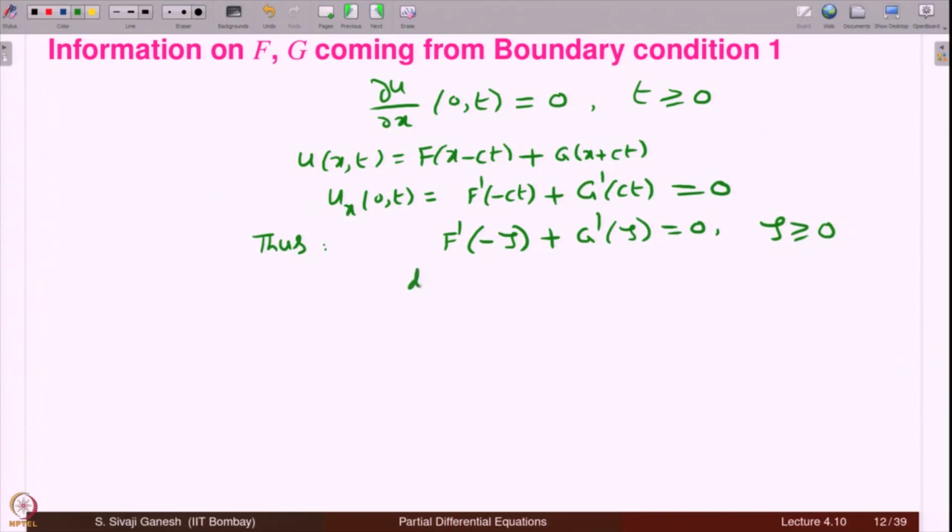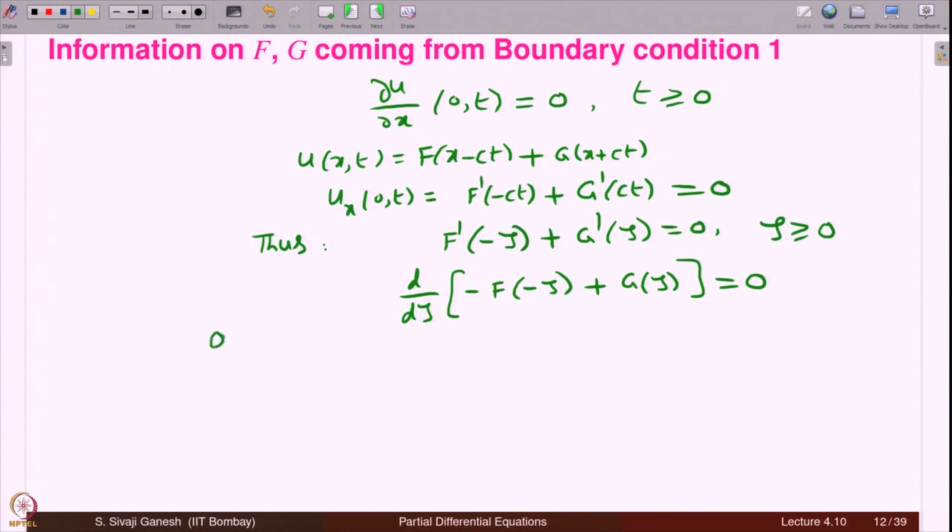Now I will write it as d by d zeta of minus f of minus zeta plus g of zeta equal to 0. If you differentiate with respect to zeta, we exactly get f prime of minus zeta, and one minus sign will come, that will make it plus. So this is same as that.